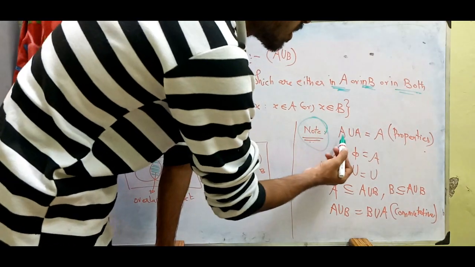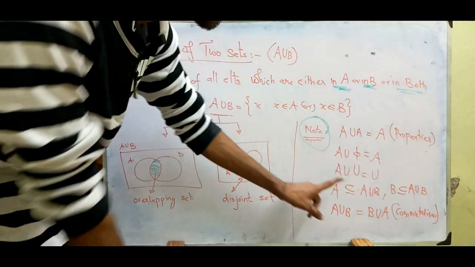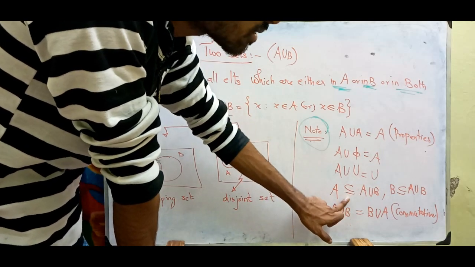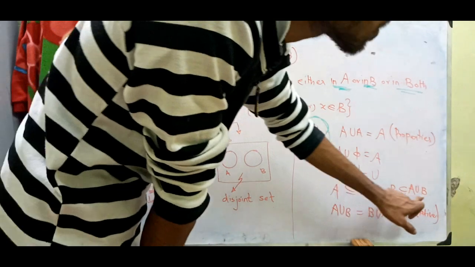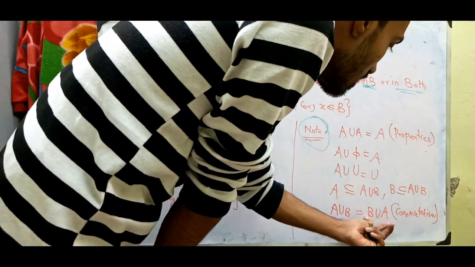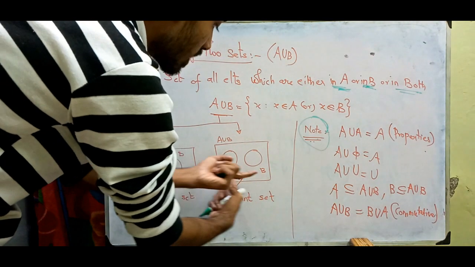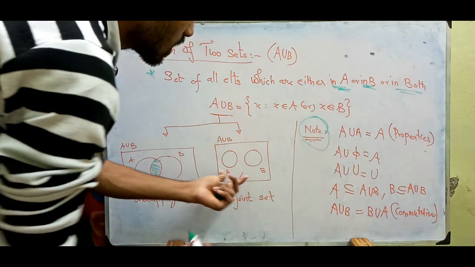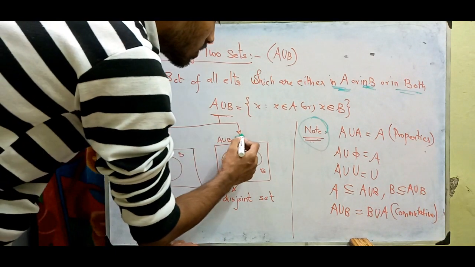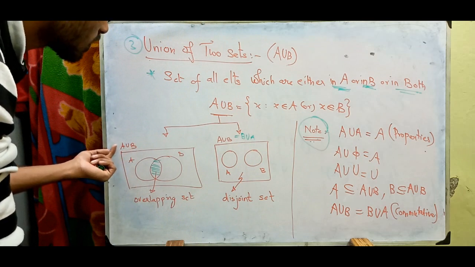So there's a note here: A union A is A, A union empty set is A again, A union universal set is universal set. A is a subset of A union B, and B is also a subset of A union B. Okay, A union B is also equal to B union A. If I swap these two sets, A union B will not change; it becomes B union A. So both are the same, and here also the same thing.